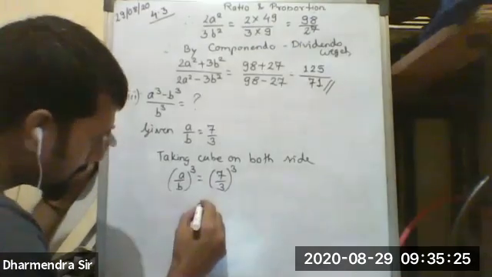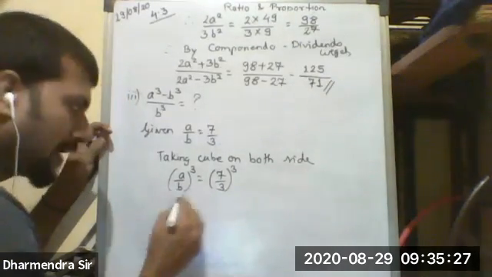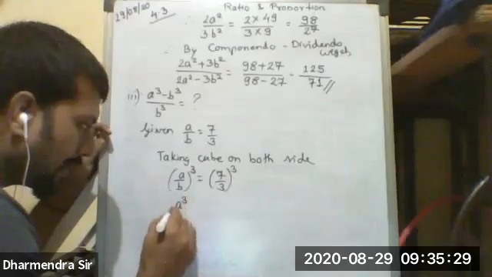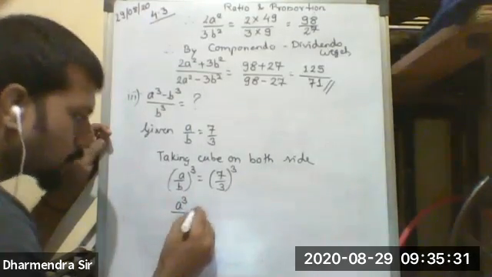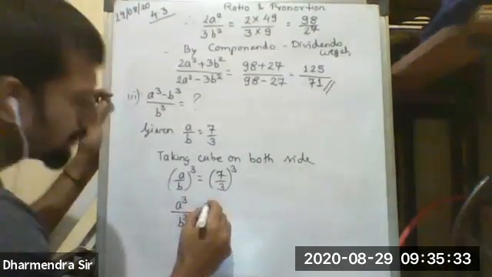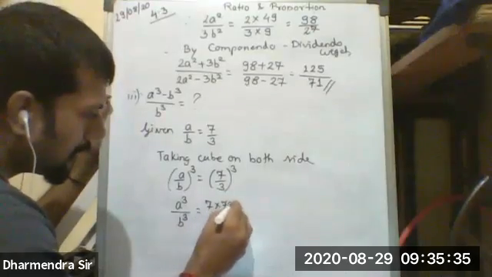So this is by law of indices, a³ by b³ is equal to 7 into 7 into 7.